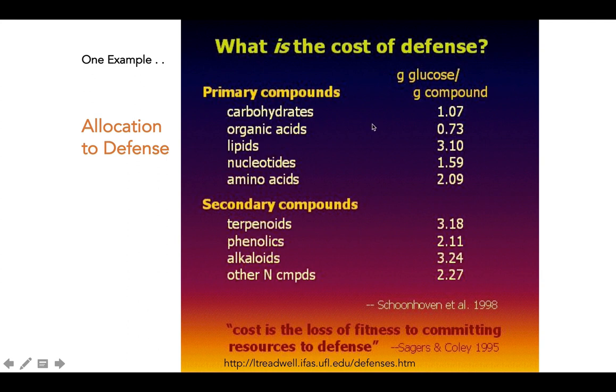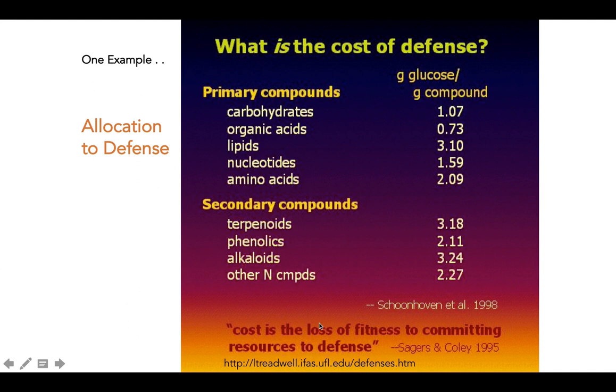The cost is a little less for organic acids, a little bit more expensive for lipids, but around the same for nucleotides and amino acids. But now notice how much it costs to actually produce secondary compounds. Secondary compounds are costly. It costs more grams of glucose to produce a gram of terpenoid, phenolic, and alkaloid, or other nasty nitrogen compounds. Okay?